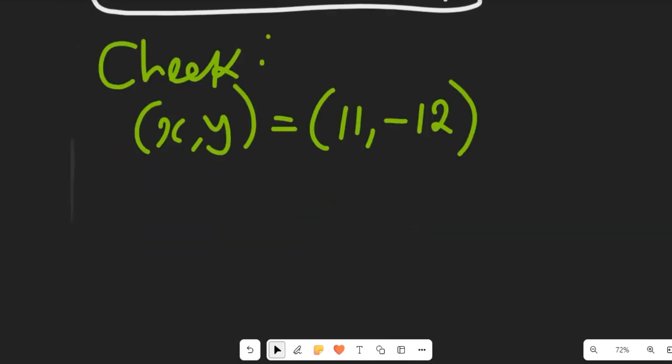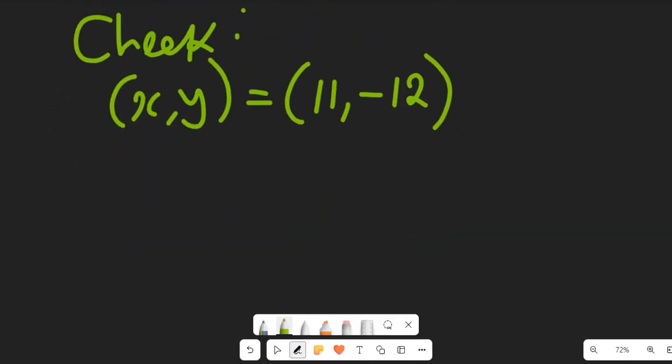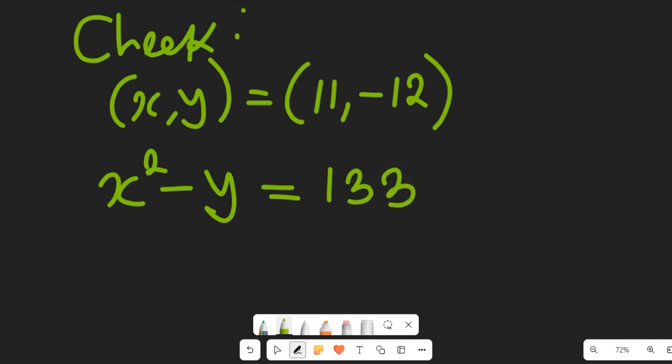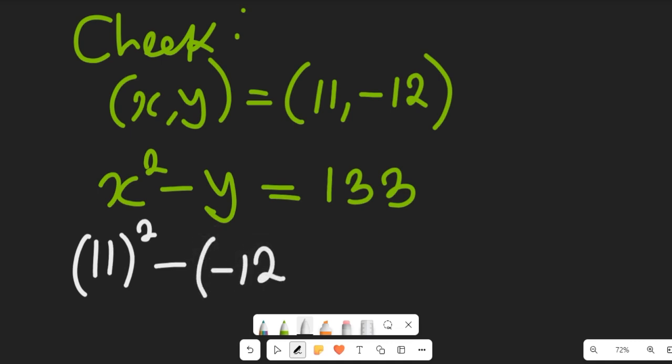If we take the value of x squared minus y, will it be able to give us 133? Now let's check. x is 11, so we'll have 11 squared minus negative 12. Will this give us 133?